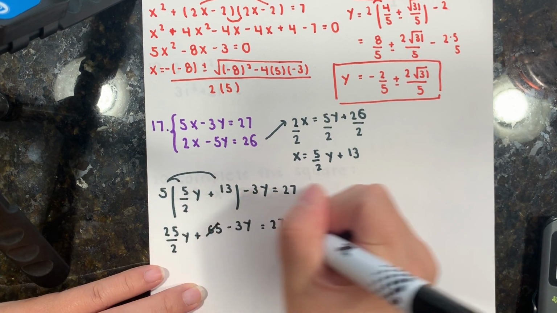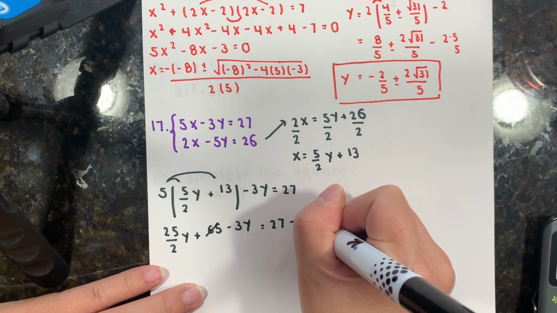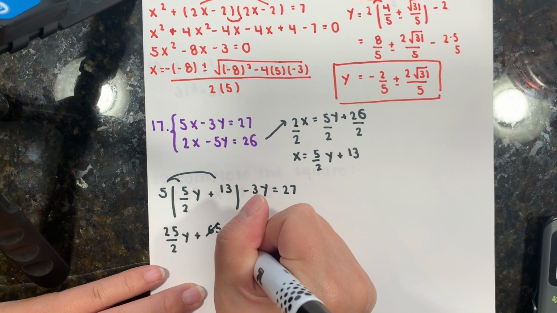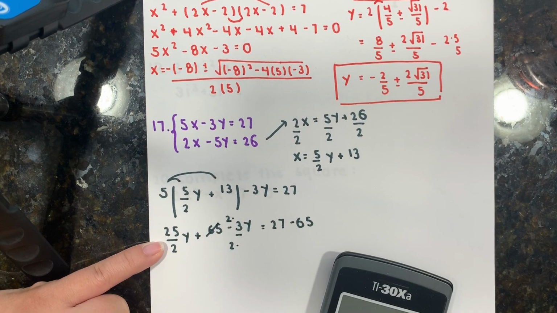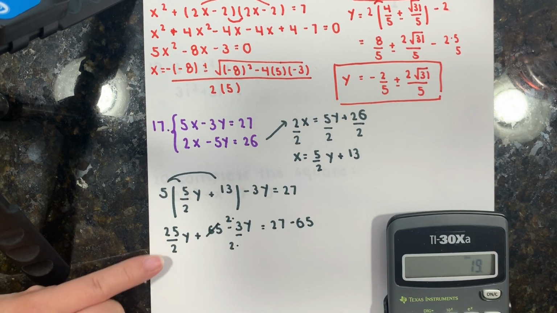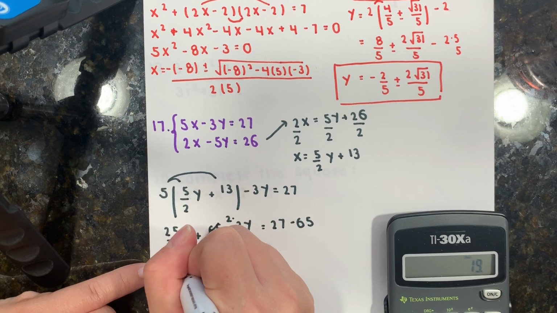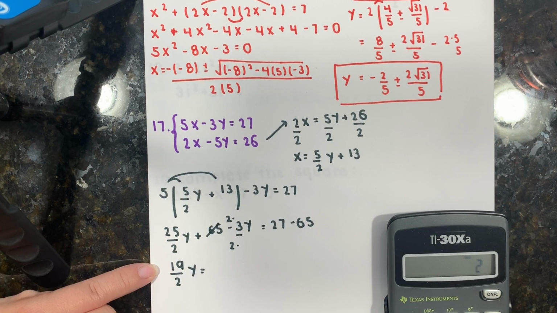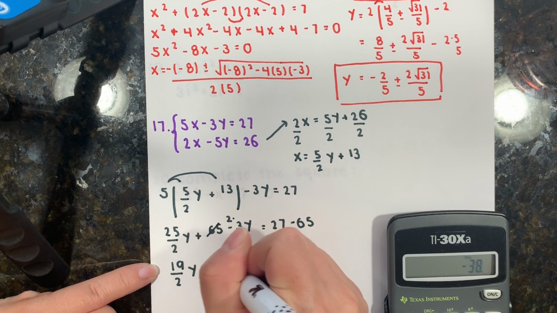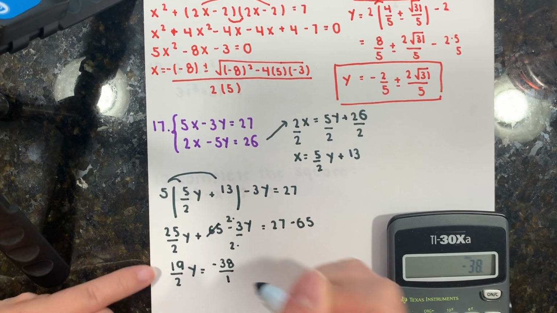I'm going to bring the 65 to the other side, and then I'm going to make a common denominator. So I have 25 minus 6, so that would be 19 over 2 y equals 27 minus 65, which is negative 38. And that would be over 1.